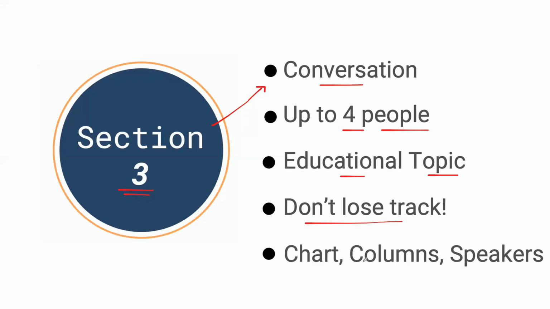And so it's really best to make a chart with different columns for each speaker. And we can do this quickly. I'll show you how to do it today in our example, but this is a great way to organize the information in section 3, because some questions might ask you to connect various ideas with different speakers.